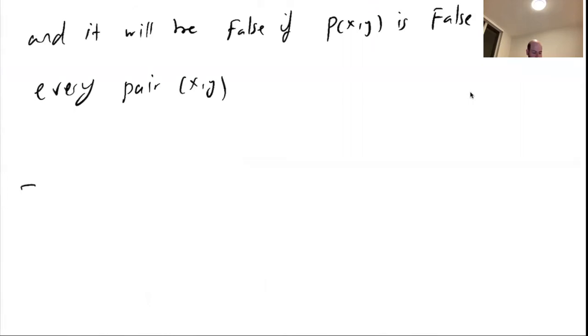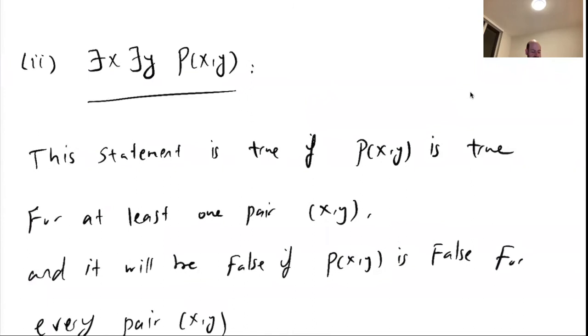So let's look at an example. Let's say if I say there exists x, there exists y, such that x plus y is equal to 0. This one is true or false. So, as we said, it will be true if it's true for at least one pair.